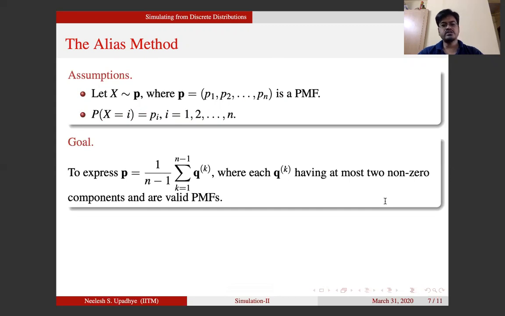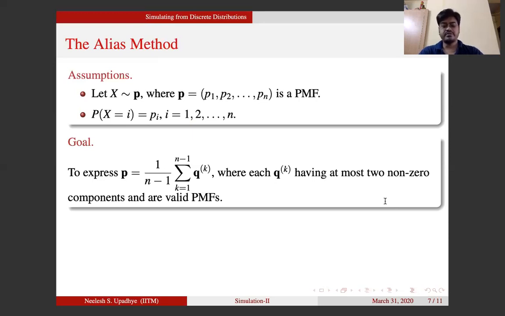So the goal is, given a vector of probabilities, I want to express it in terms of n minus 1 probability vectors. I will repeat, given a vector of probabilities, I want to express it in terms of n minus 1 probability vectors.